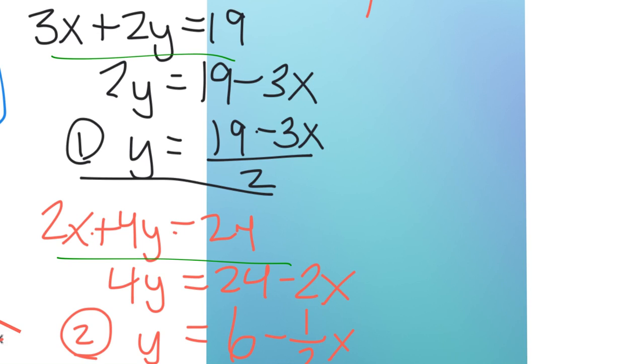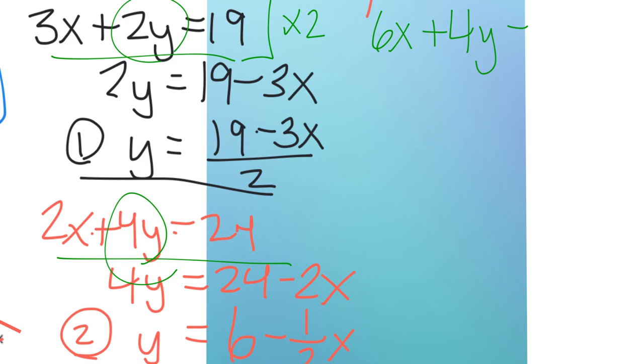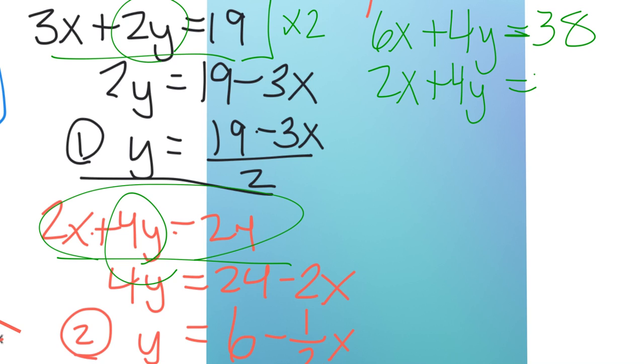I noticed that we've got a 2y here and a 4y here. So I'm going to multiply this entire equation by 2 so that they have the same amount of y's. Instead of 3x, it would become 6x. Instead of 2y, it's 4y. Instead of 19, it would be 38. And then I'm going to write this equation below it, 2x plus 4y equals 24.